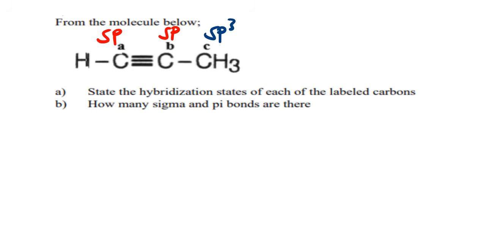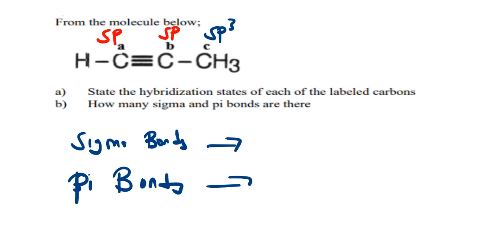Then you are told to state how many sigma and pi bonds there are. So now you know that in every single bond there is a sigma bond, but in a double bond you're going to have 1 pi bond and 1 sigma bond. So what are you supposed to know? If we're going to count the number of sigma bonds, let's start with sigma bonds, and you also have to count the pi bonds.